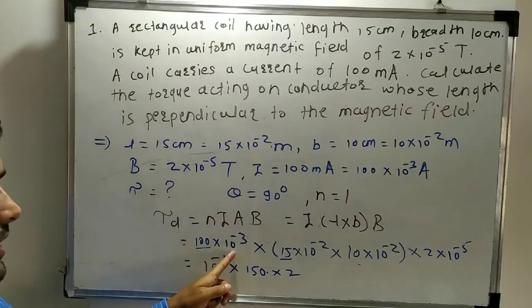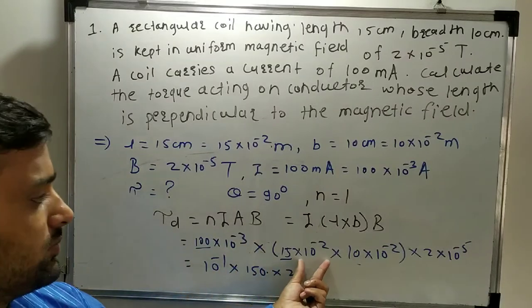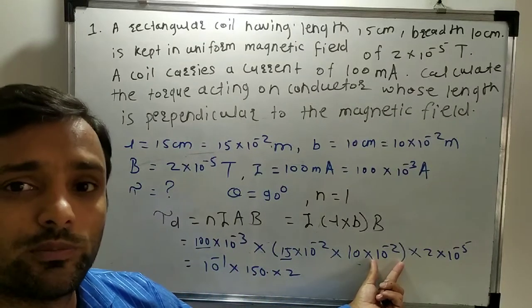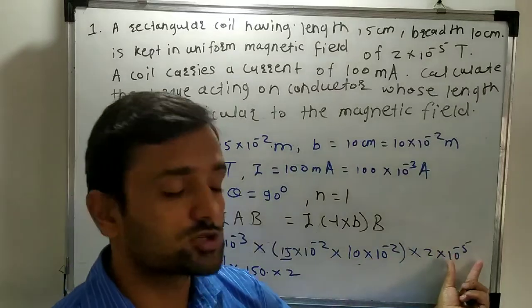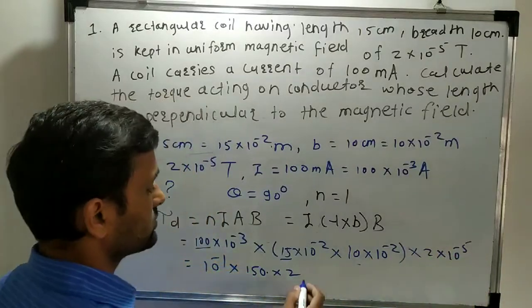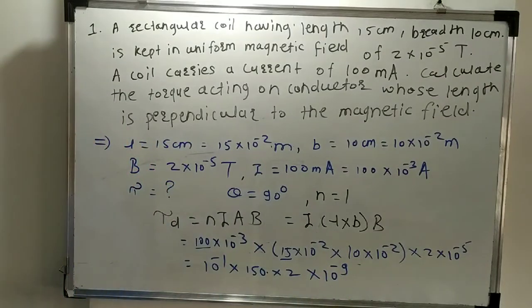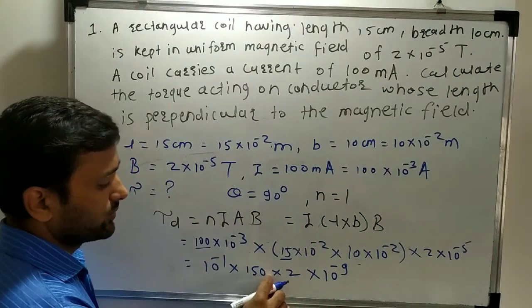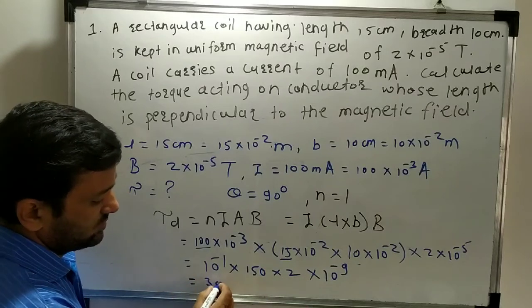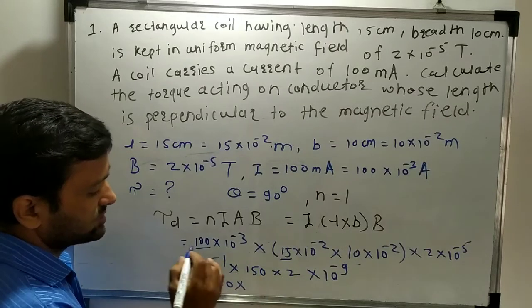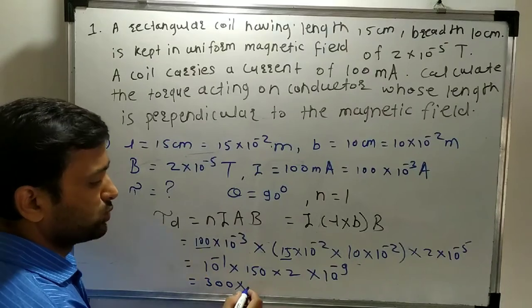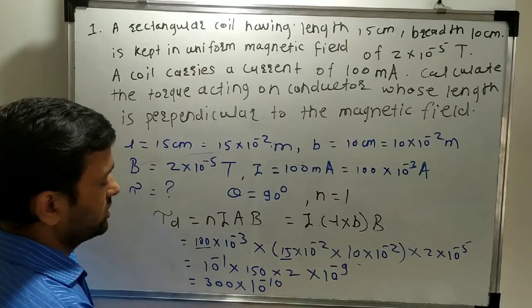What about the remaining powers? Here minus 1, minus 2 minus 2 becomes minus 4. Minus 4 into minus 5 becomes minus 9. So again solve this. 150 into 2 is 300, minus 9 minus 1 becomes minus 10.